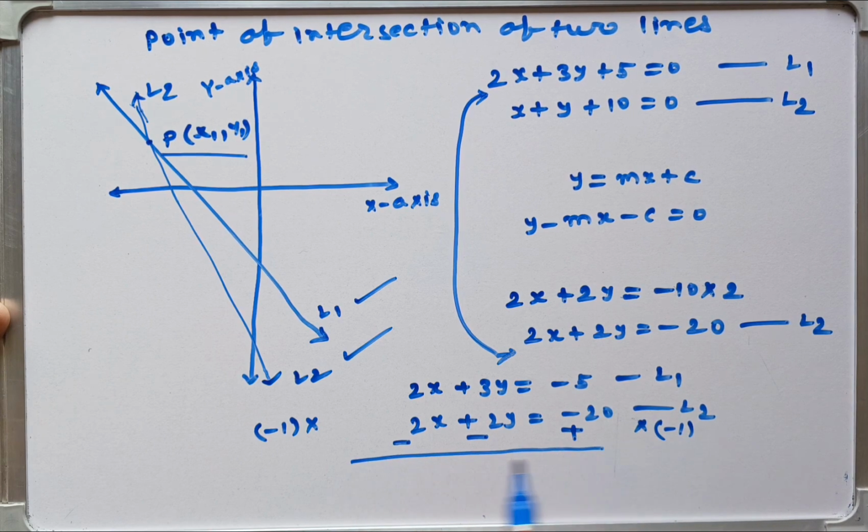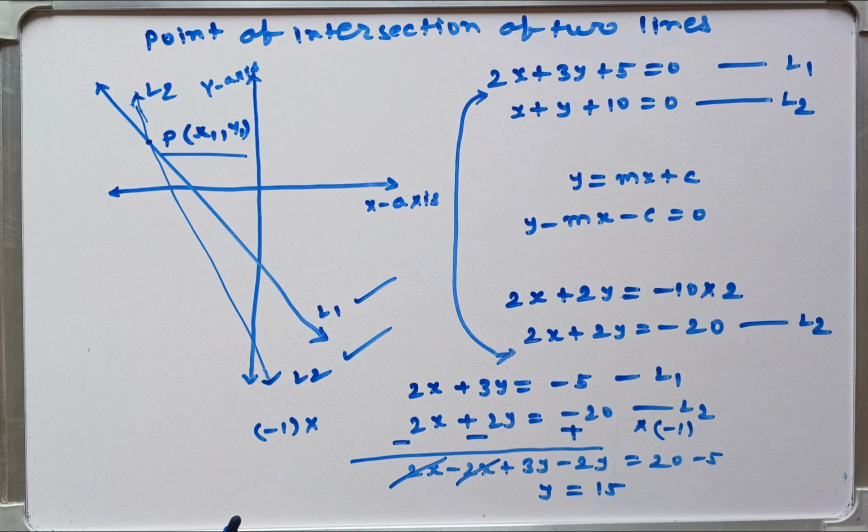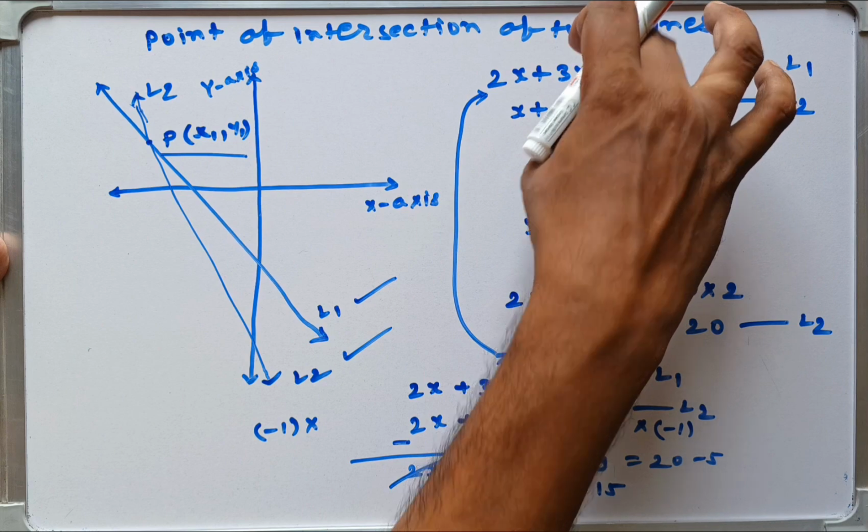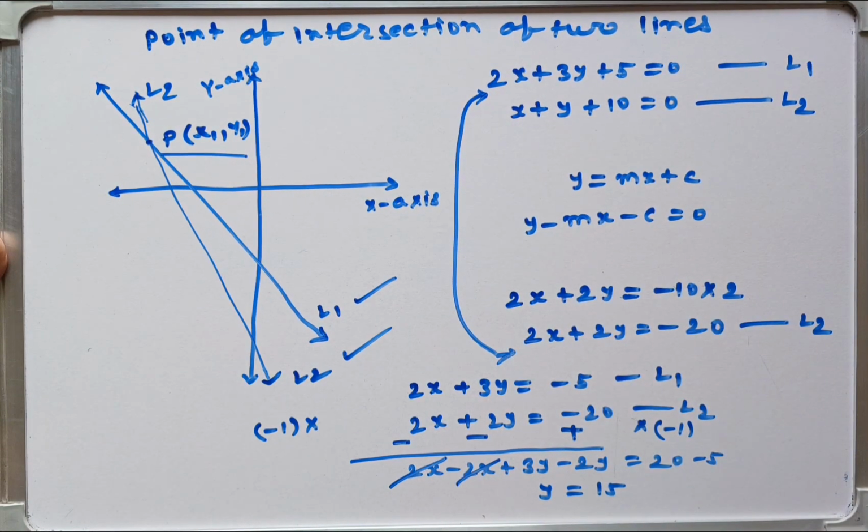When you add this, guys, then 2x minus 2x cancels, and this becomes 3y minus 2y equal to 20 minus 5. So what you get is y equal to 15. So this one and this one cancel out. Now when you get the value of y, you can put this value in any one equation, then you can get the value of x.